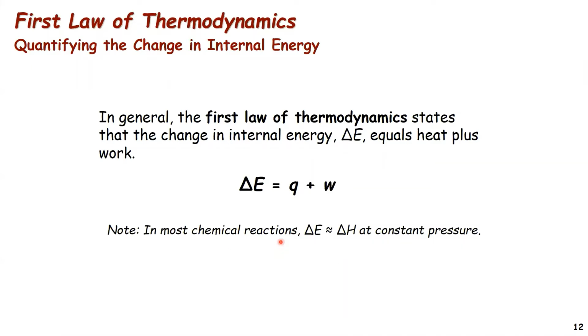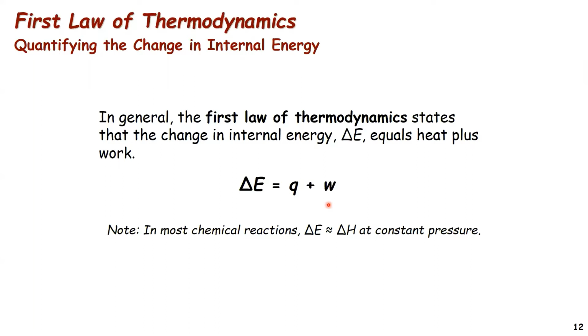Now, in most chemical reactions that don't produce gases and are at constant pressure, basically the internal energy is simply equal to the heat because there's no work being done. Now, keep in mind, I'm going to show you that there are other types of work, like pushing electrons through a wire. Well, that's actually work, okay?